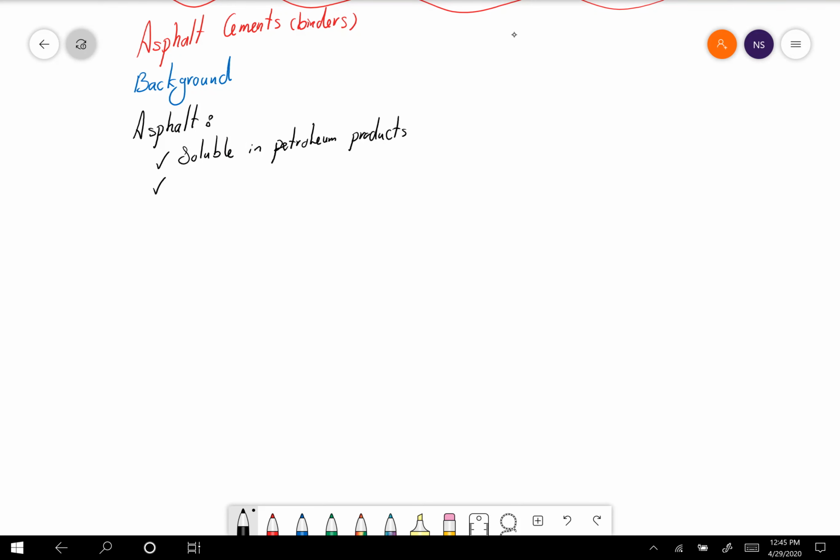It's also generally a byproduct of the petroleum distillation process.